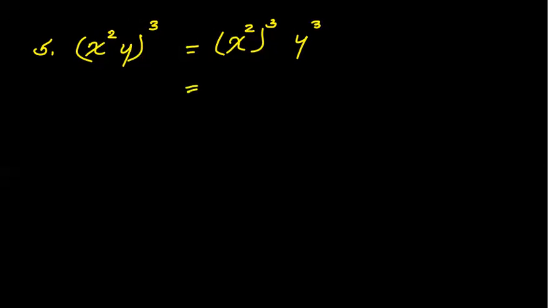Now we have to evaluate this piece right here because we're not done. This utilizes another rule, which says that the powers must multiply each other. So this is x squared to the 3rd power, so x to the 2 multiplied by 3, and then all multiplied by y to the 3rd power. So this becomes x to the 6th power. We're multiplying, not adding. x to the 6th power multiplied by y to the 3rd power.